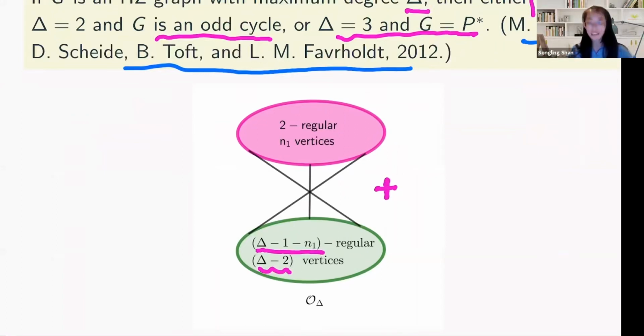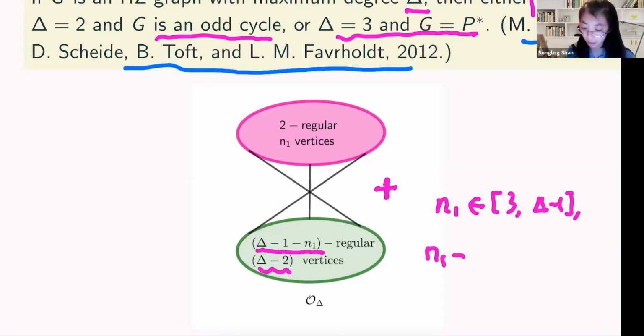It's a join. We require that N1 is at least 3 and at most delta minus 1. We also require N1 plus delta minus 2, which has the same parity as N1 plus delta, to be odd, because we want this graph to be overfull. It has an odd order.